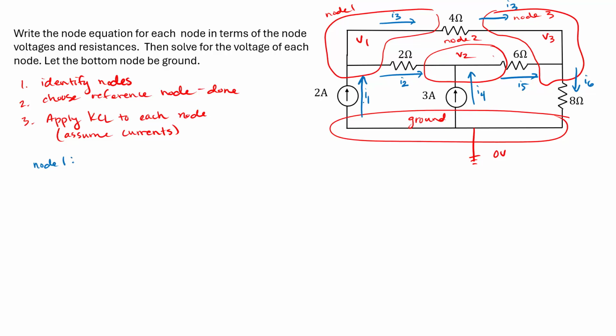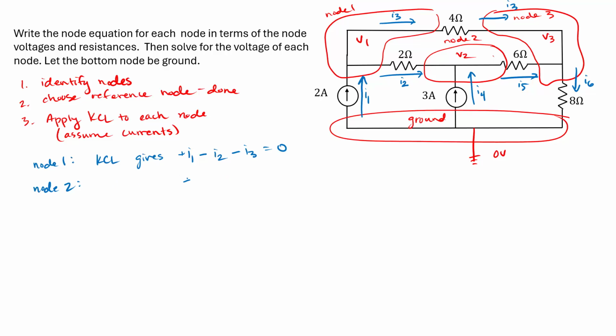You'll see that node 1 has I1 entering and I2 and I3 are leaving. So Kirchhoff's current law will give plus I1 minus I2 minus I3 equals 0. So next, Kirchhoff's current law on node 2: you'll see we have I2 entering, I4 entering, and I5 leaving.